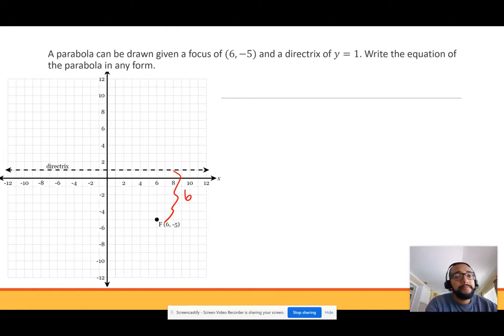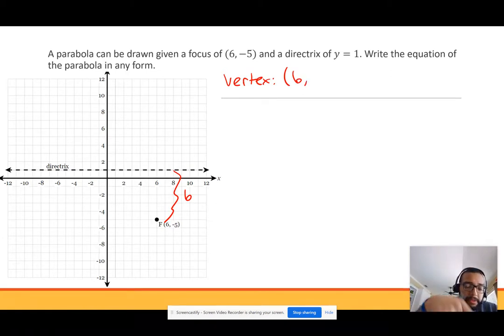distance of 6. Okay? Now we need to find our vertex. Remember, the vertex is going to have that same x value as the focus, and it's going to be in the middle from the focus to the directrix. So if that is 6, the middle of that must be 3.